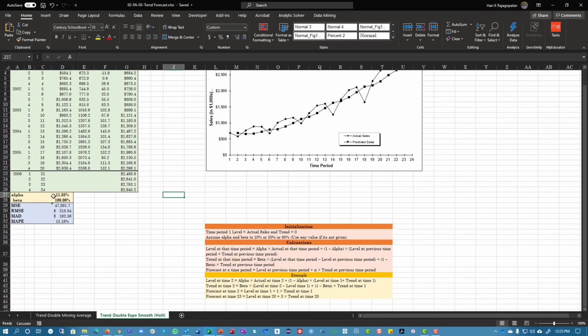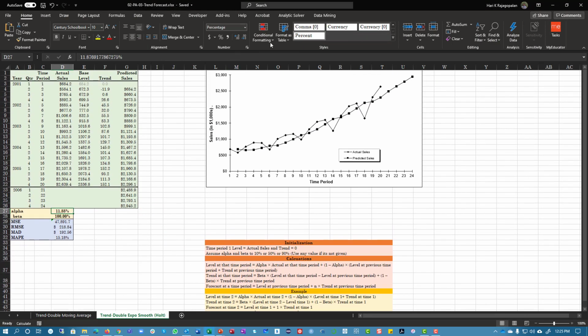Okay, so remember we start with certain values of alpha and beta. So maybe 10% here, and we'll have to optimize it, right? You also could be asked to create confidence intervals, which would then be used based on the MAD, right?